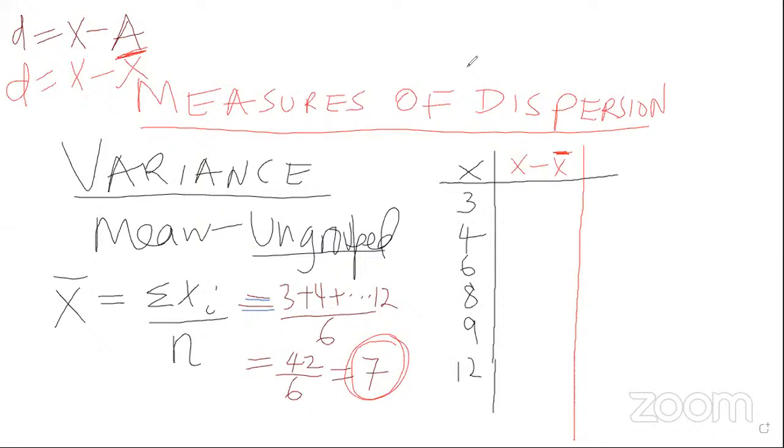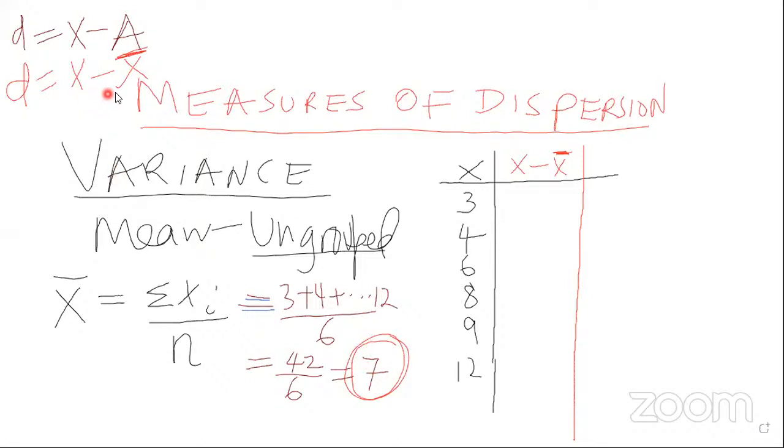Let me use the spotlight so that you can see. Here, I've said deviation. Initially, we said it is x minus assumed mean. However, today, we want to look at another form of deviation where I'm taking the mark, which is x, minus the real mean, the mean that you got. For example, the mean for this group was 7.